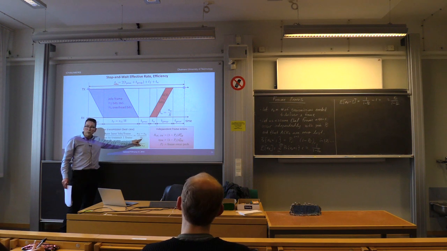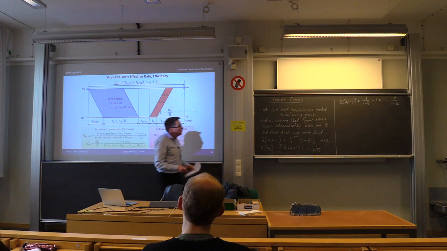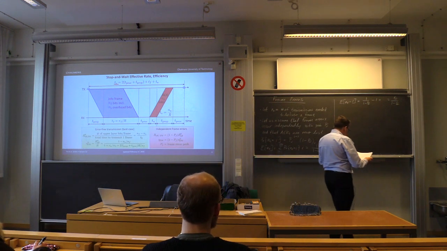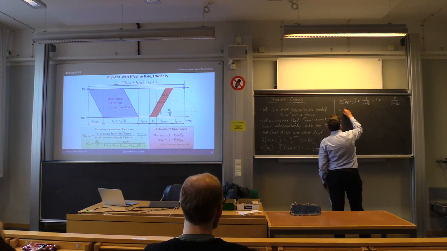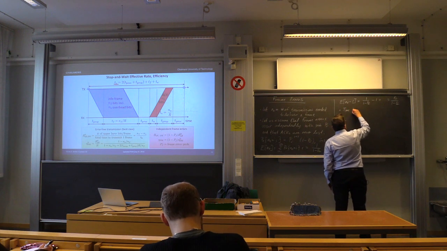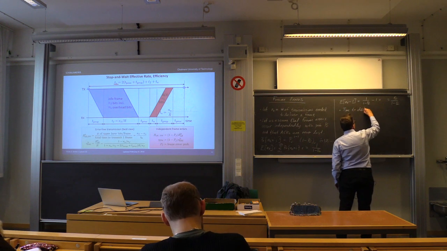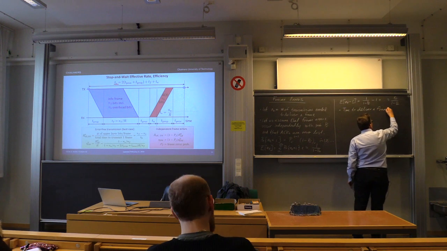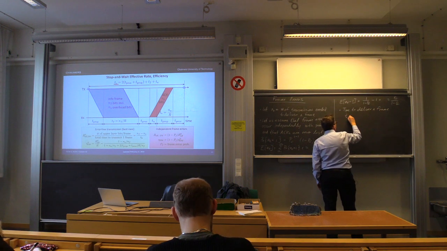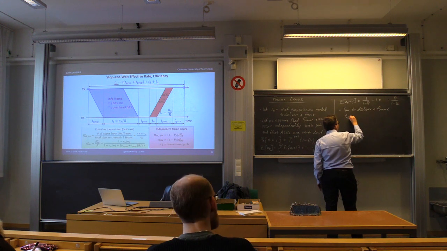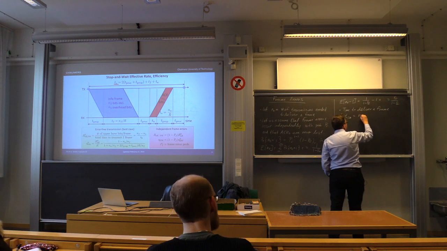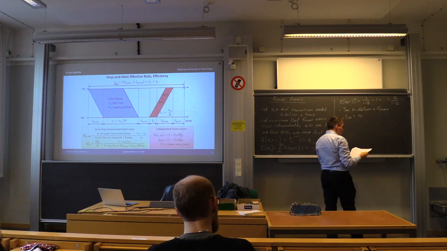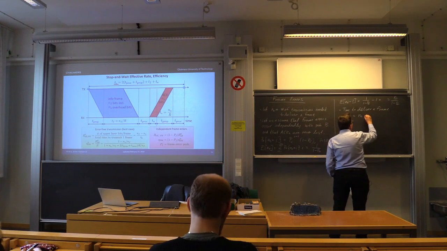If it's 3 errors in a row and then a successful one, then it's 4t0. So the time it takes to deliver a frame for stop and wait, so TSW, is nt minus 1.